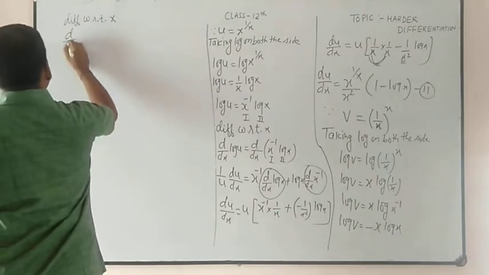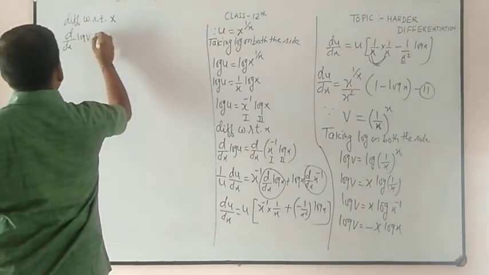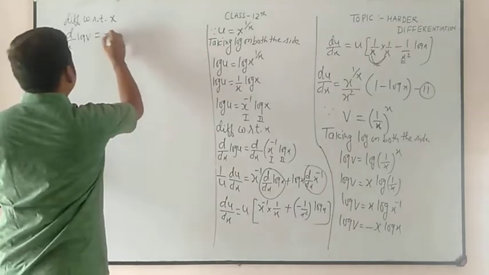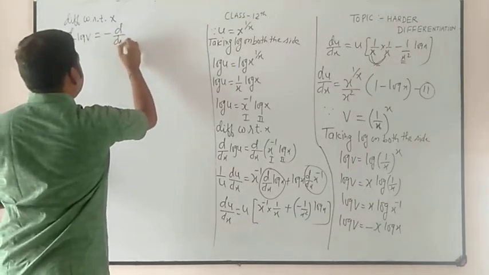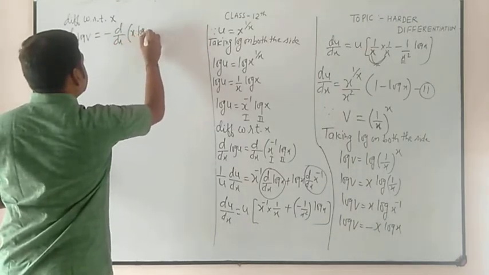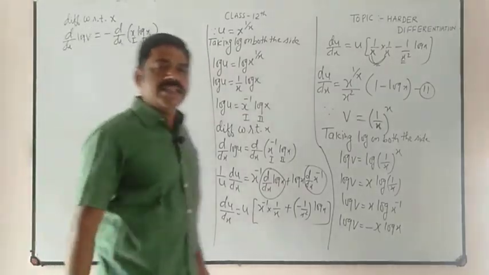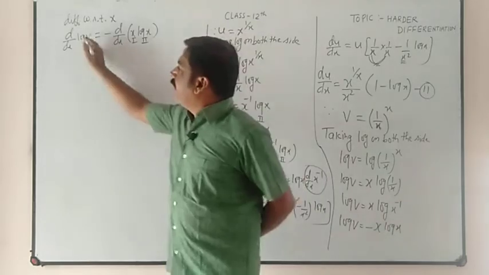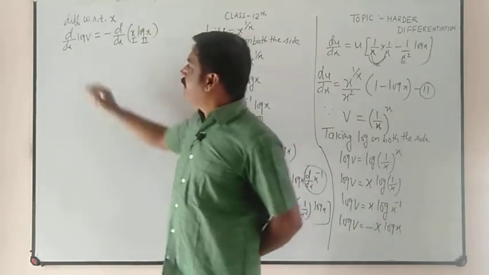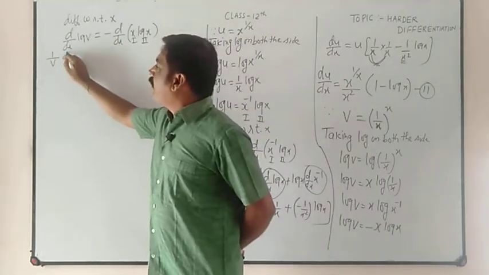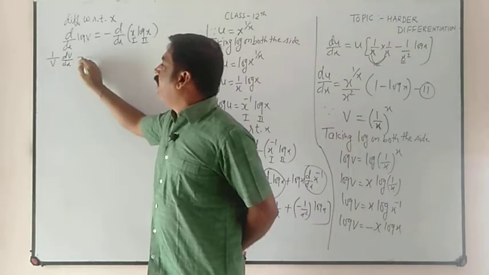So d by dx of log v is equal to minus d by dx of x log x. Now x is the first function and log x is the second function. Differentiation of log v with respect to v gives 1 upon v dv upon dx.